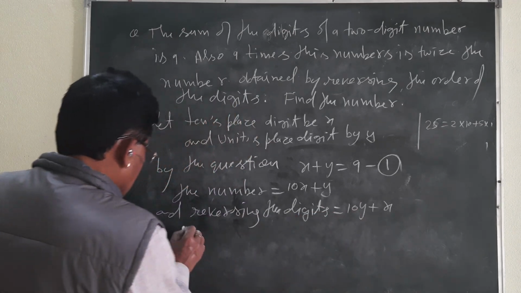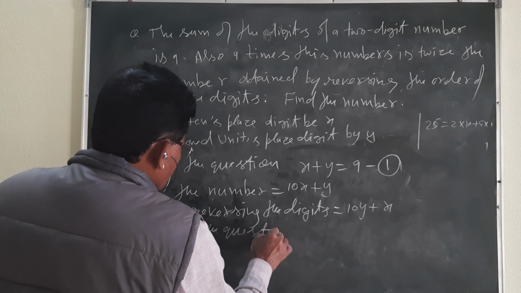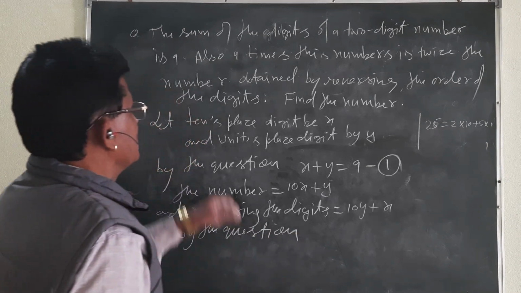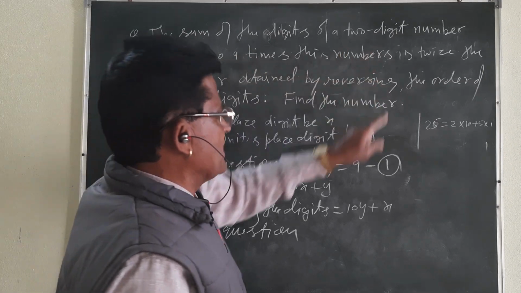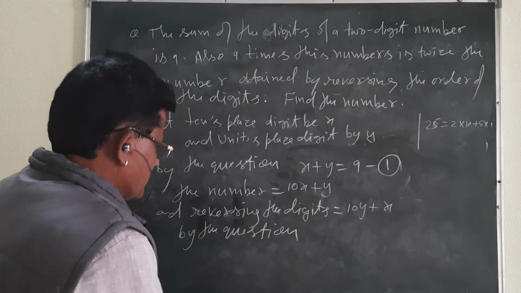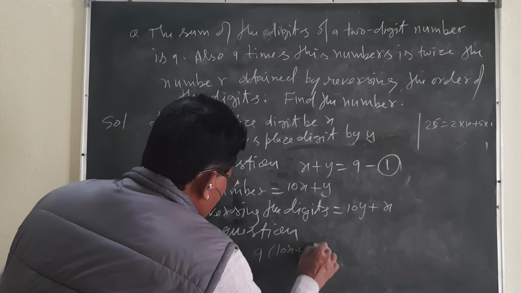By the question, once again, here it is given: 9 times this number, the first number, 9 times 10x plus y, will be equal to what?